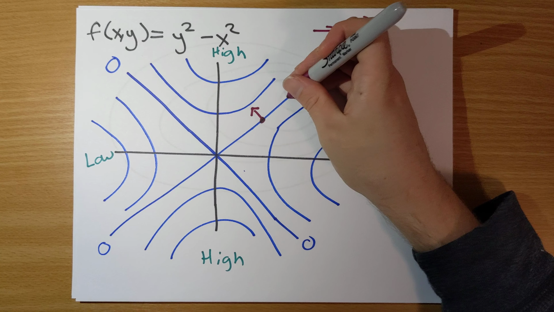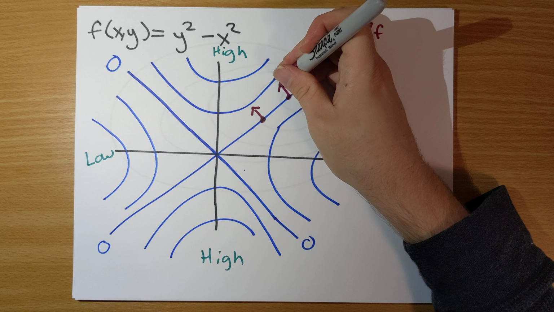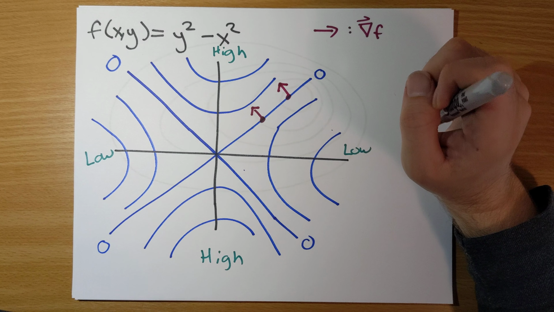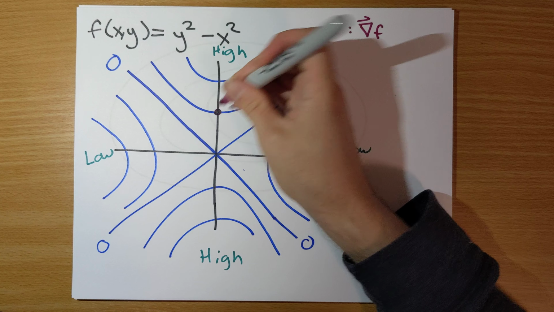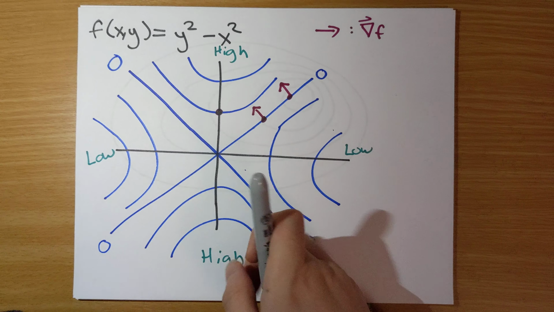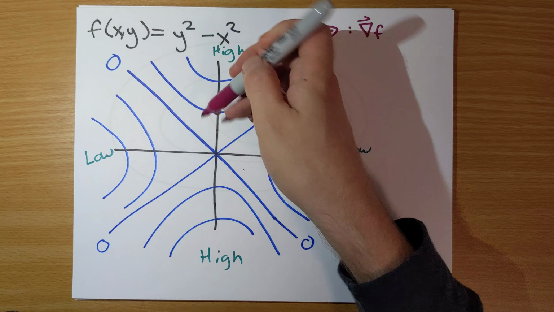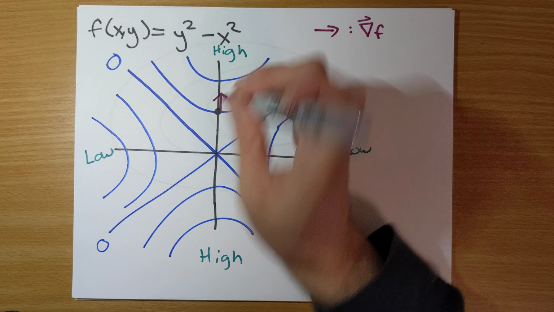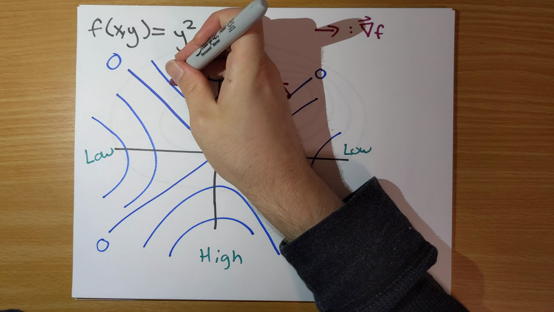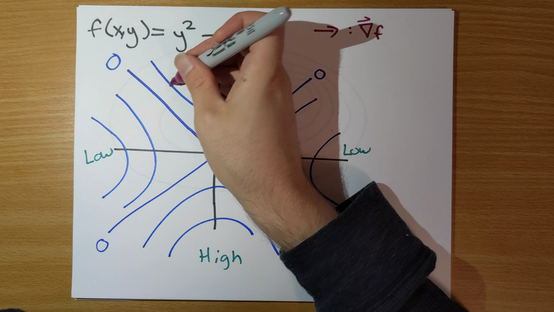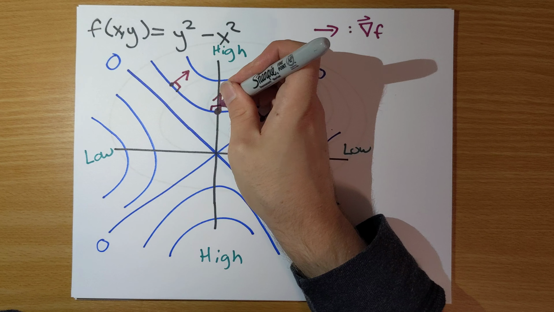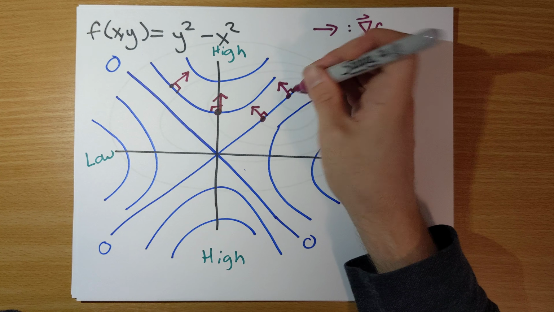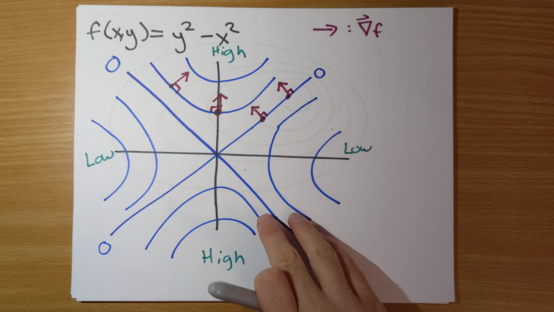Again, right here, it needs to be orthogonal to the level curve, but going up the hill. At something like right here, orthogonal and going up the hill would be heading straight up in that direction. Over here, orthogonal going up the hill would be in that direction. All of these need to be orthogonal to the level curves.